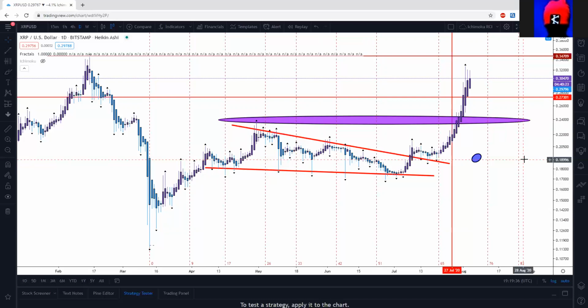Everybody has their own method of teaching. Japanese, they teach very differently than Americans. So a P wave is just where price is constricting, and it's not going higher or lower. It's just stuck in this range here.